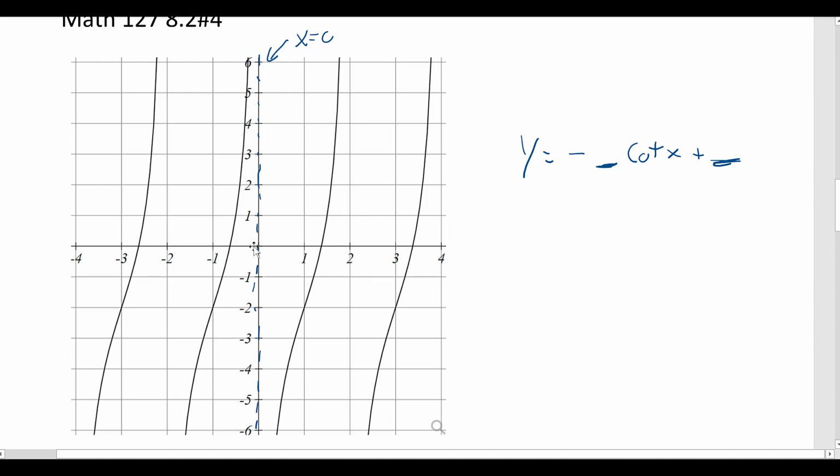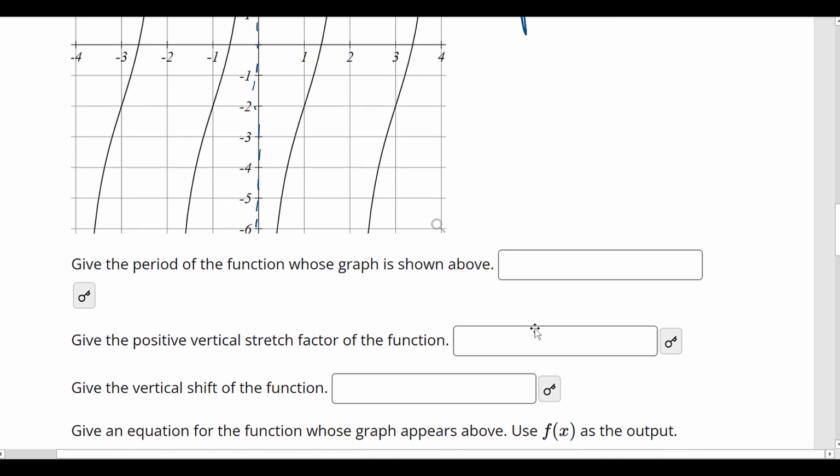Looks like the period is going from 0 to 2, then 2 to 4, so it looks like we have a period of 2. And normally the period is going to be pi. So given the period of the function whose graph is shown above, I think it looks like a 2. So that's going to give us a different b value.